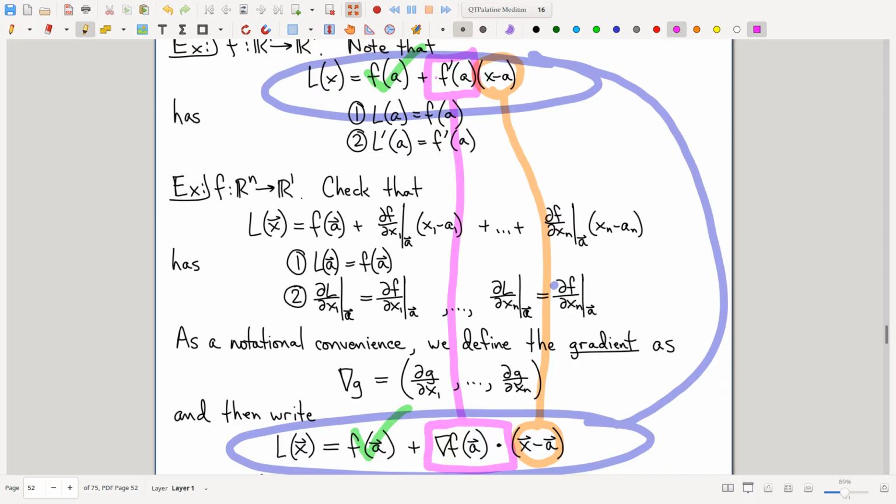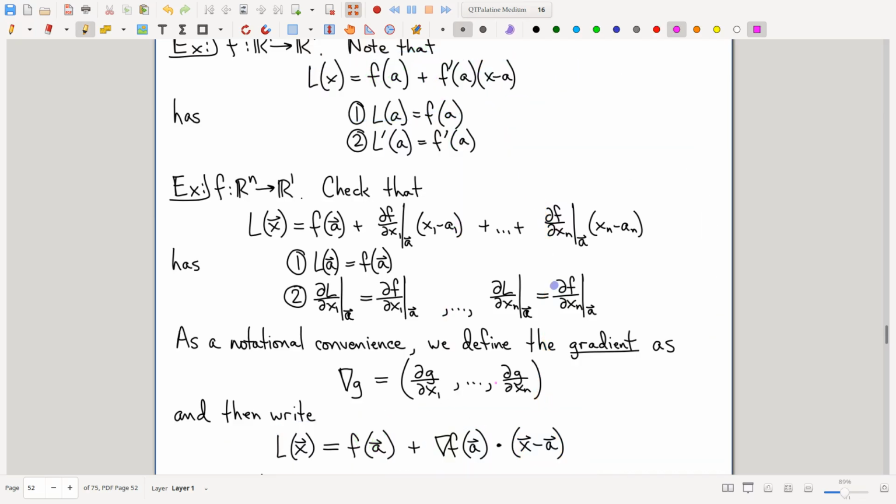Whoa. I wonder if maybe the gradient vector, in some reasonable sense, I should think of as being a derivative of sorts. And in fact, that's absolutely right. We really should think of this as being a kind of a derivative of sorts. Okay, we'll say more about that later. I just wanted to get you thinking about that for the moment, but we'll flesh it out when we have more ability.